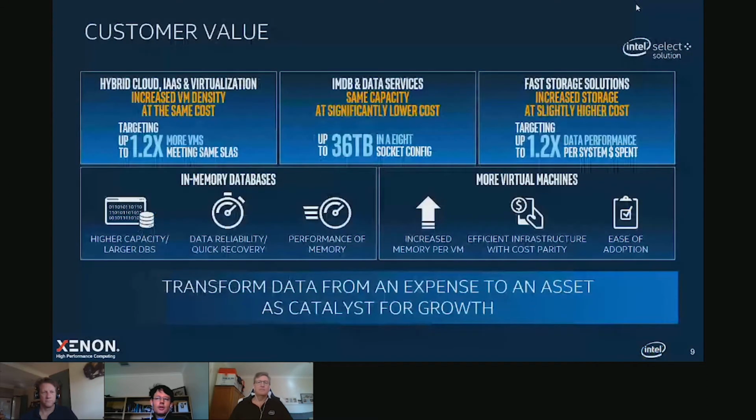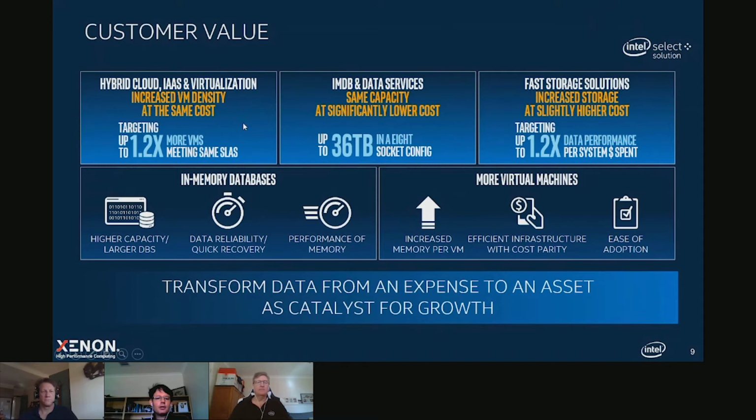And as we've seen in the pyramid before, that's where Intel Optane persistent memory technology can provide a lot of value, because it can provide the performance and the low latency at a much better cost point than DRAM, and with a much higher endurance and performance than conventional SSDs. And we can see that when we look at hybrid cloud applications, infrastructure as a service or virtualization architectures, where we can increase the density in virtual machines at the same cost.